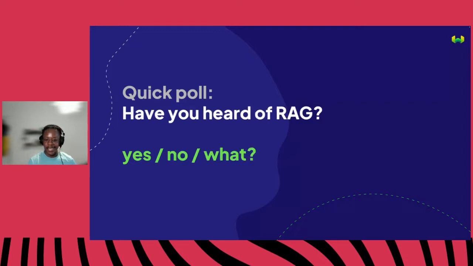And last question, have you possibly heard of RAG? If these are new concepts to you or have no idea what I'm even asking, hopefully at the end of this talk, you have a better understanding of vector databases, tools like ChatGPT, and RAG, which stands for Retrieval Augmented Generation, by the way.